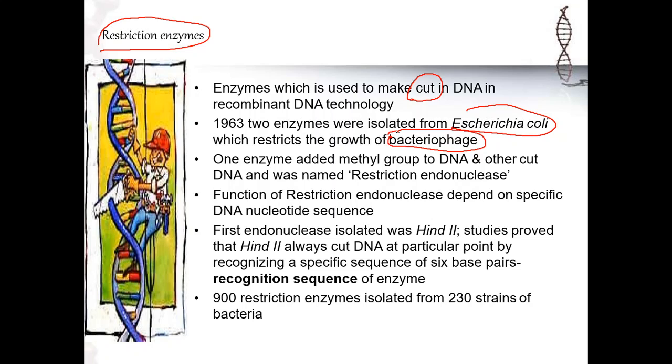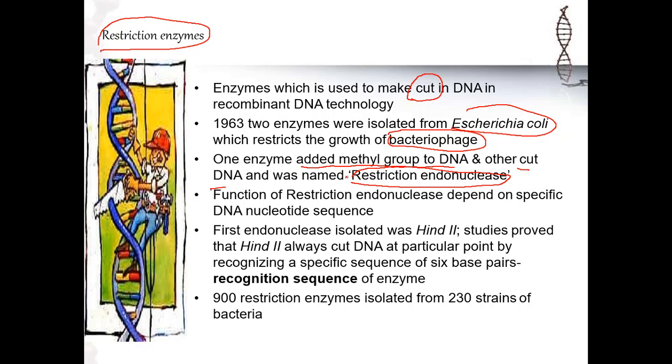But it was found out that there are enzymes that can be derived from E. coli that restrict the growth of bacteriophages. One enzyme added a methyl group to DNA, and the other cut the DNA and was named restriction endonuclease.